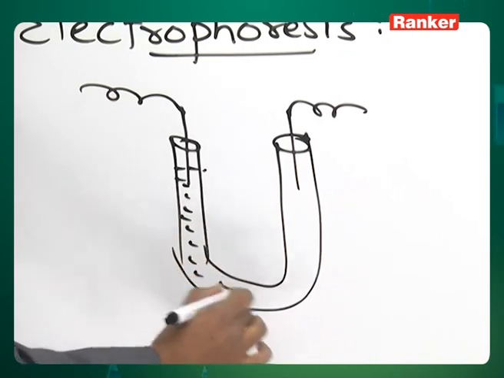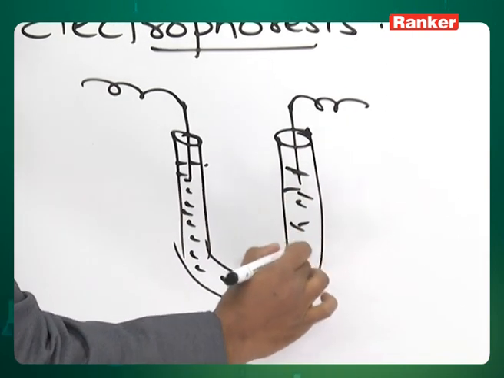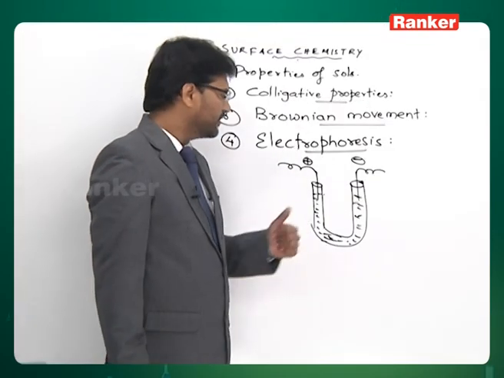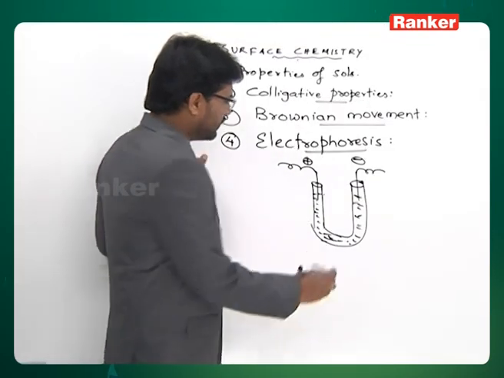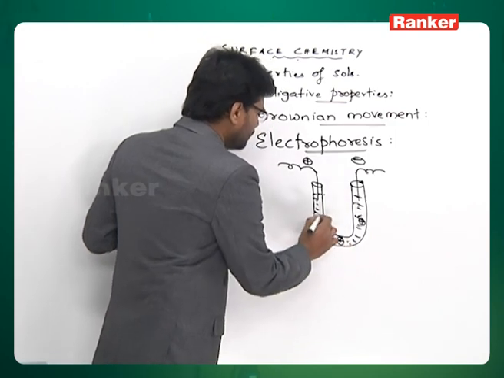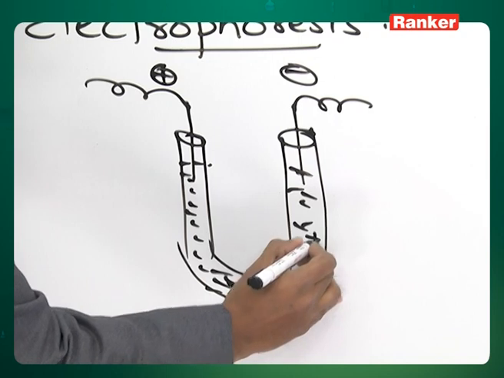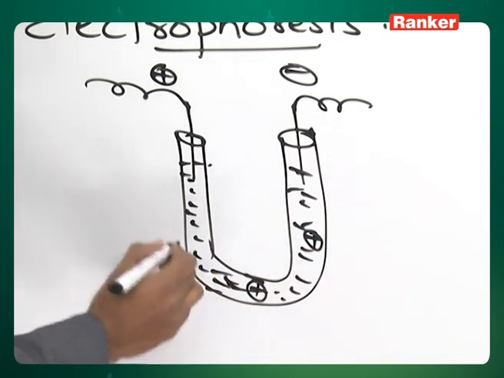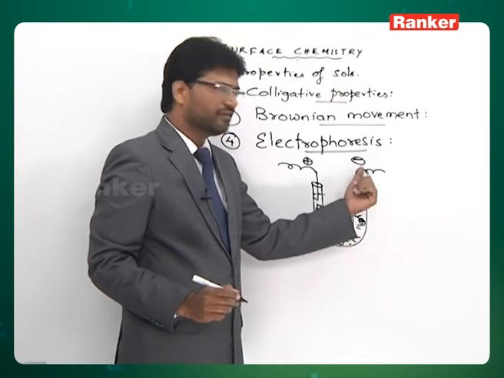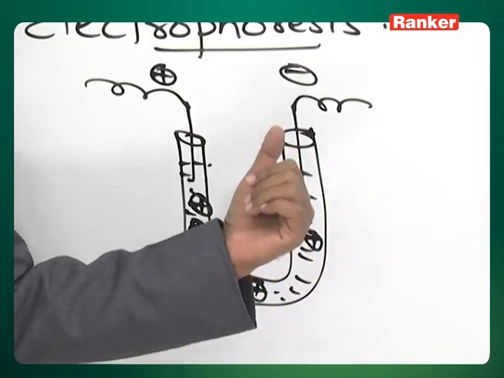When you pass current, the colloidal particles may carry either positive charge or negative charge. Imagine the colloidal particles are positively charged. So what happens, all the positively charged particles will get collected in this limb, in this tube where you have an anode.